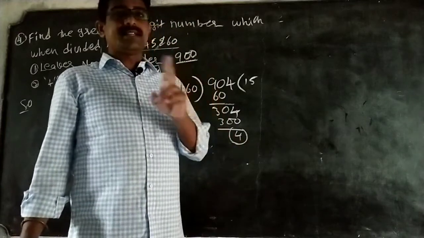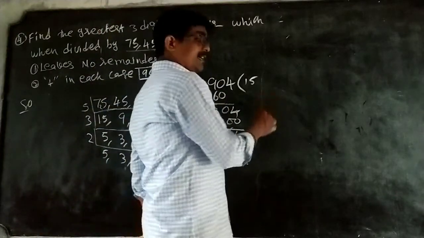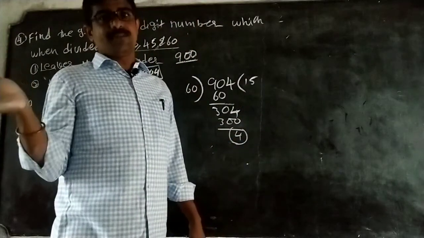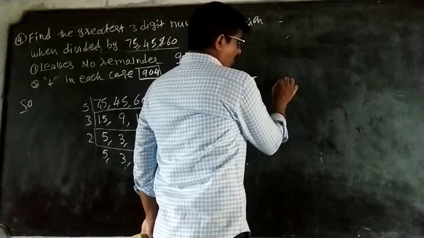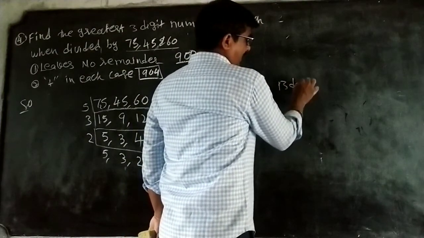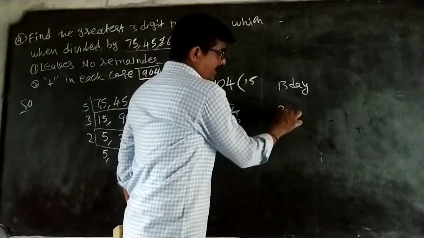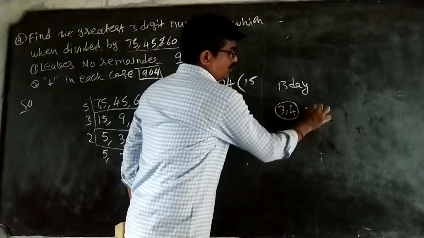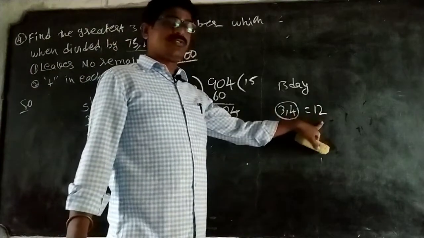Next, the 5th and 6th problems, you just have to find the LCM only. Actually there is confusion between the 6th and 7th: the 6th problem in the exam is given as the 7th problem in the answers. Don't get confused. The 6th problem answer is the 13th day. You have to find the LCM of 3 and 4, which is 12.